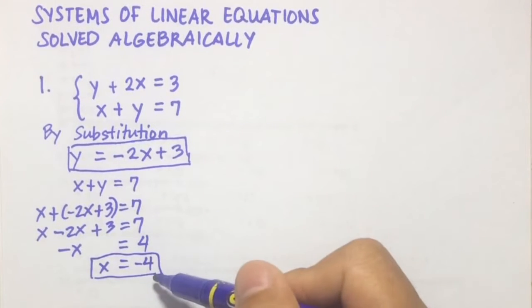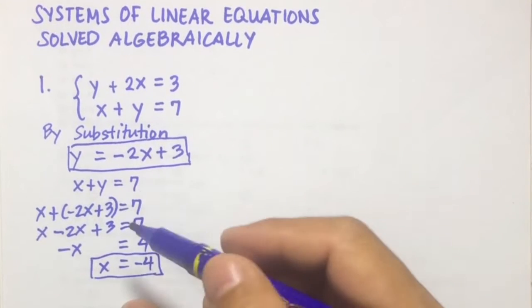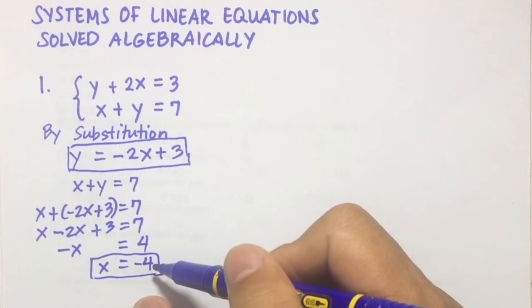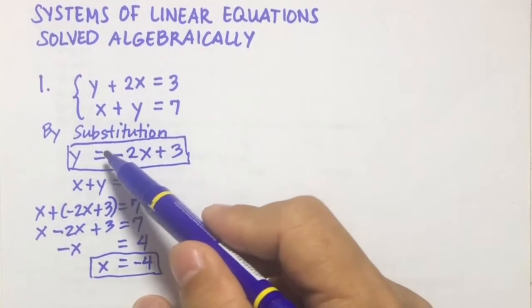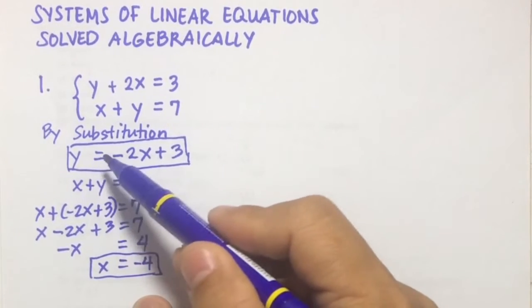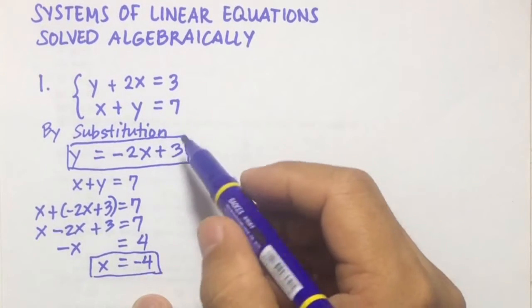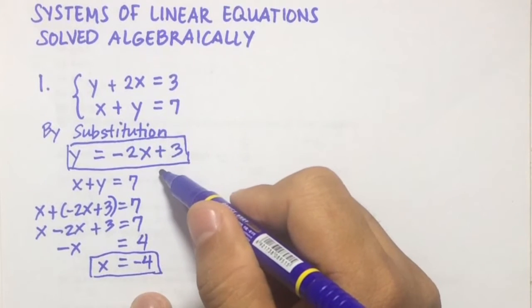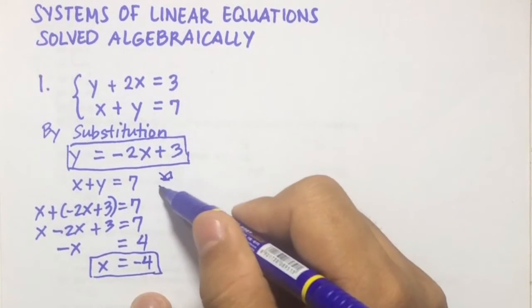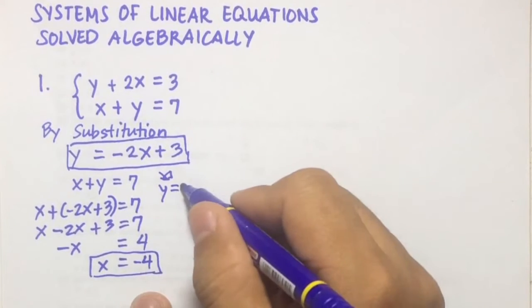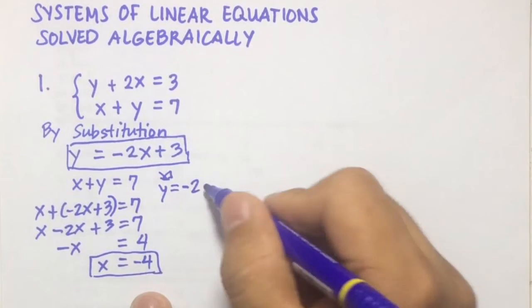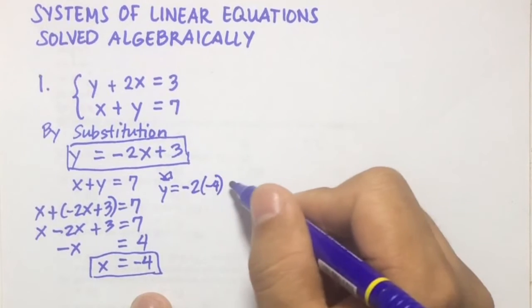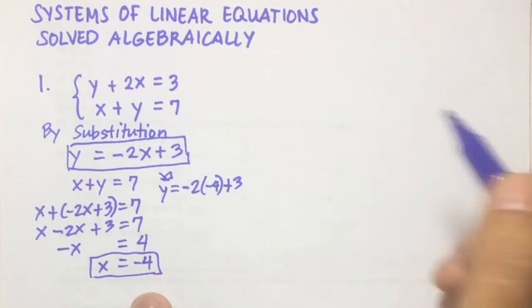So we have here x equals negative 4. What we're going to do next is find the value of y using this equation: y equals negative 2x plus 3. Substituting x with negative 4, we have y equals negative 2 times negative 4, plus 3.